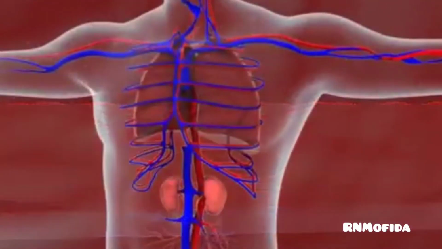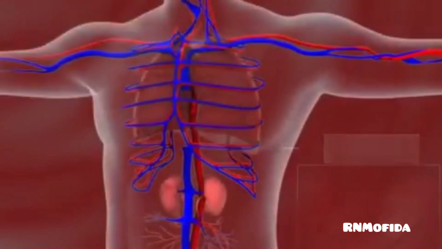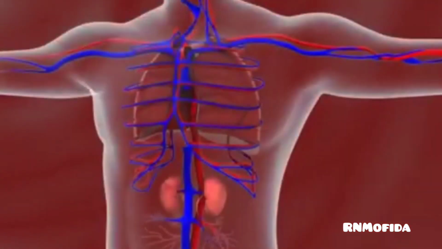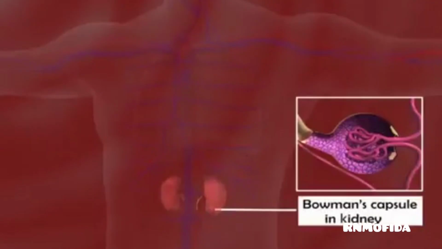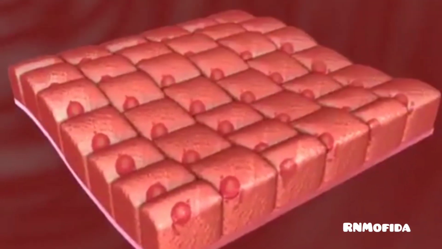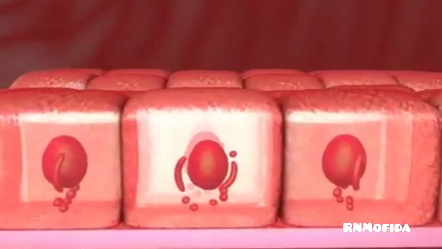Squamous epithelium is mainly located in the inner lining of blood vessels, then alveoli of the lungs and in the Bowman's capsule of the kidney.